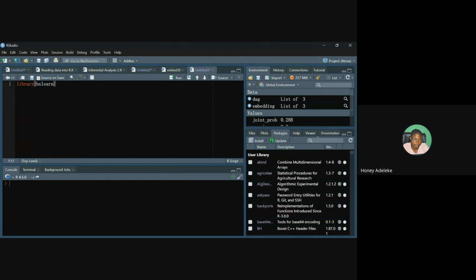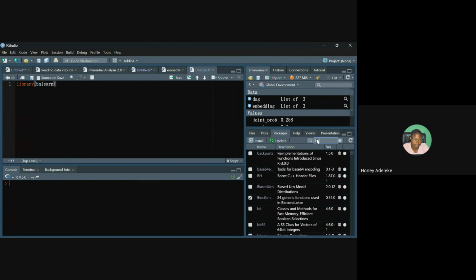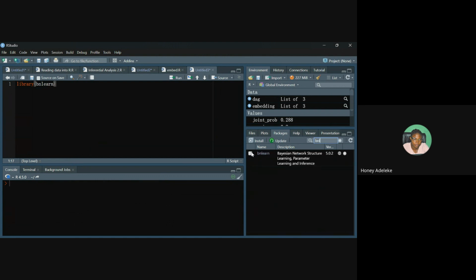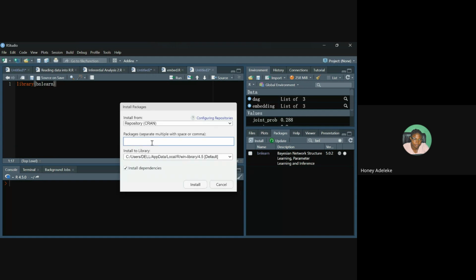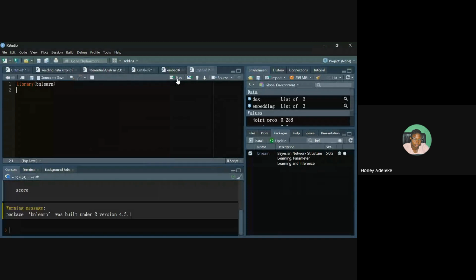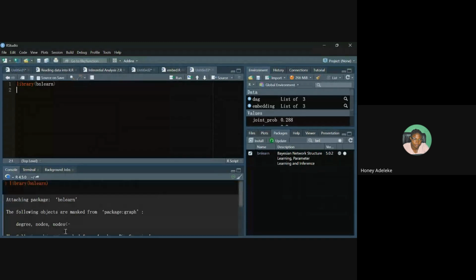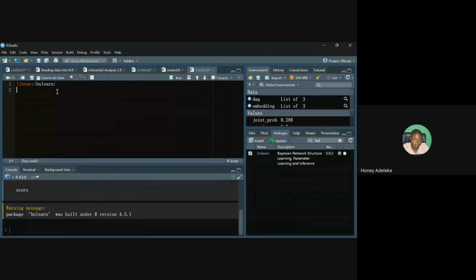I can search here to see if I already have it installed. I already have it installed, so I can just run it. If you do not have it installed, you can click on the install button here and type bnlearn. Since I already have it installed, I can just run the library code. Good, so I've been able to load the package.